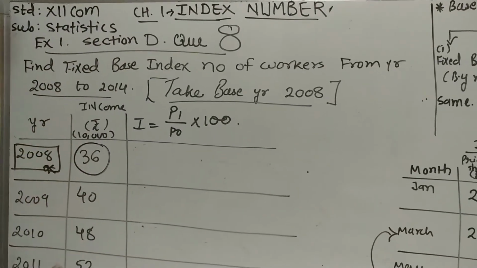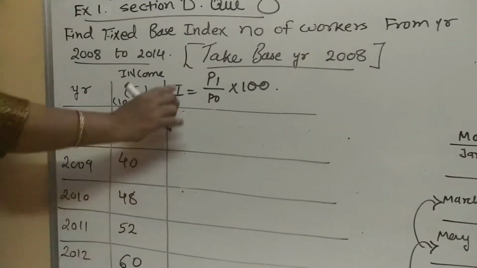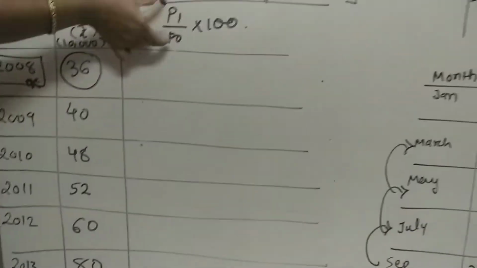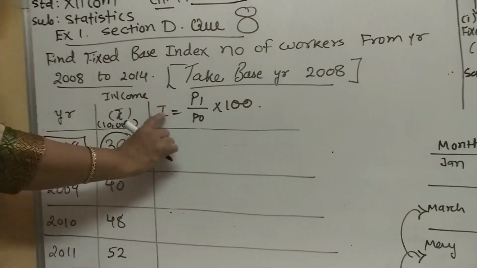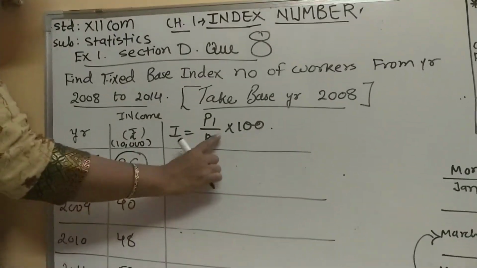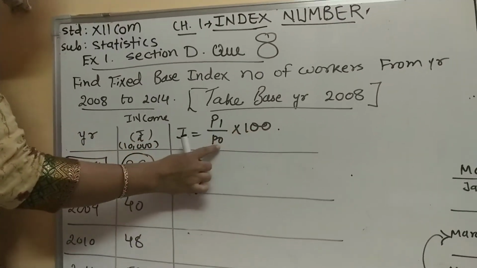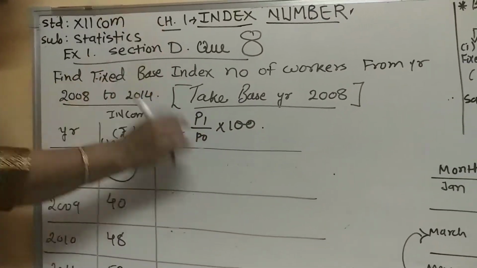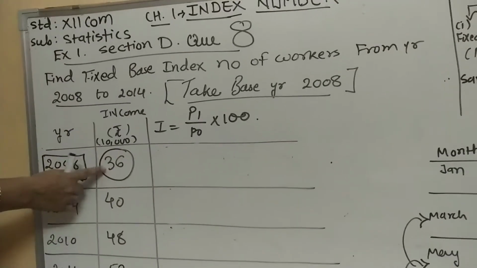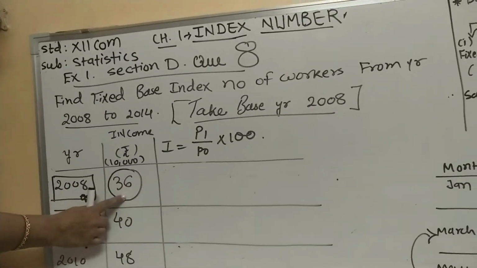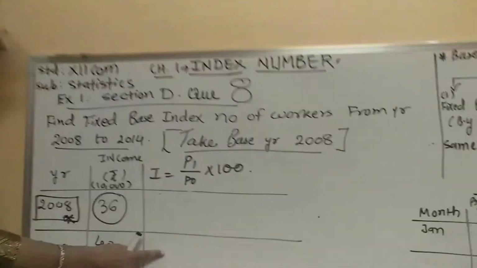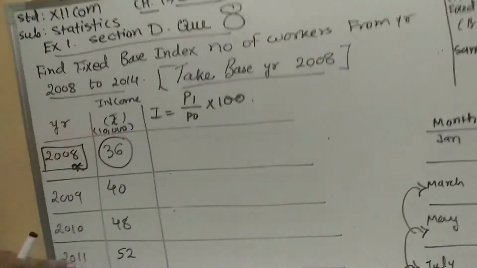So I have copied these two columns from the question. Now I am going to solve the sum. In this space you are going to write I is equal to P1 upon P0 into 100, where P0 always remains the same. And what is that? 36, the 2008 price. Every time you will find 36 in the denominator.